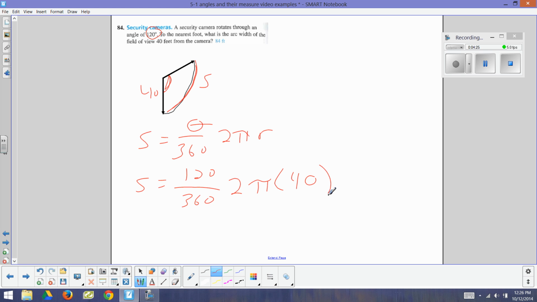When you plug that all in your calculator, you should get about 84 feet. You'll get 83.7758 feet, about 84 feet.